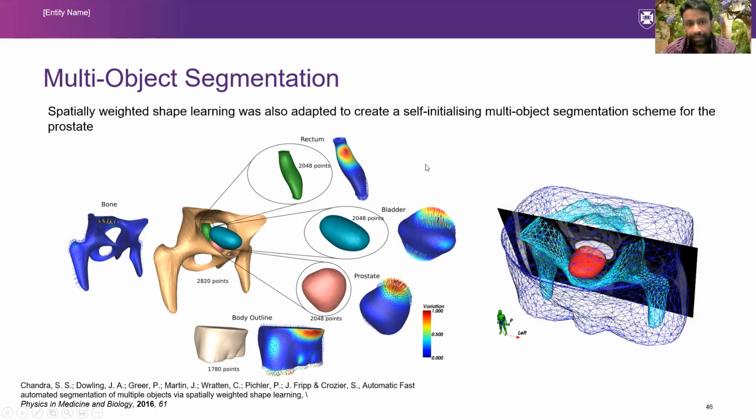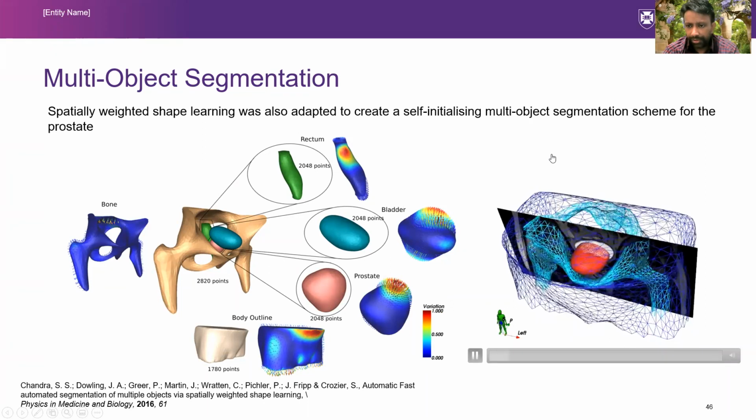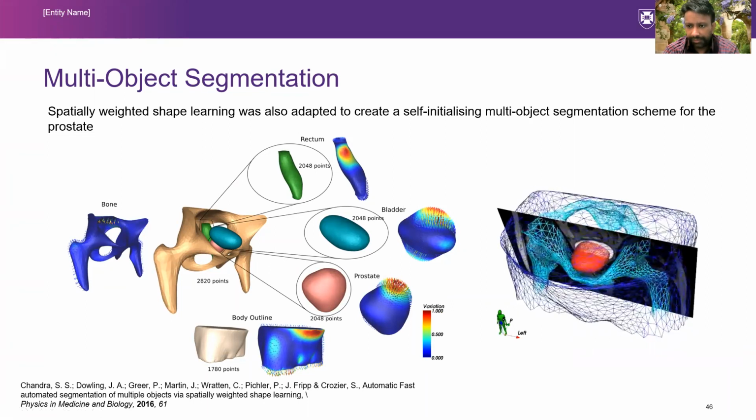And we've done this to find multiple objects. So here's the pelvic region. We have the bone, the body outline, the prostate, the bladder, the rectum. The bladder is this white, bright thing. The data is in 3D, but we show one slice. And if we run that through, our algorithm actively finds this.